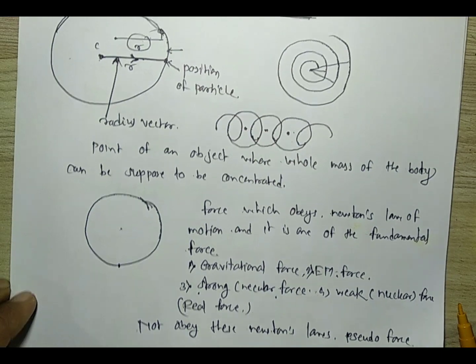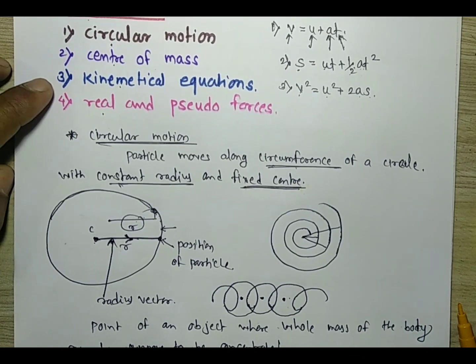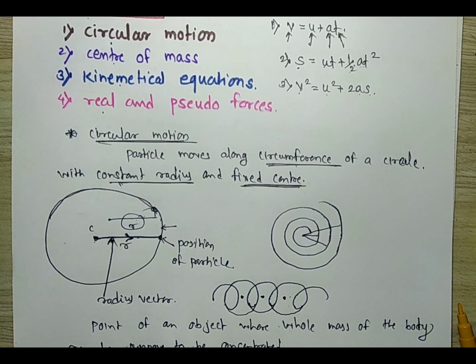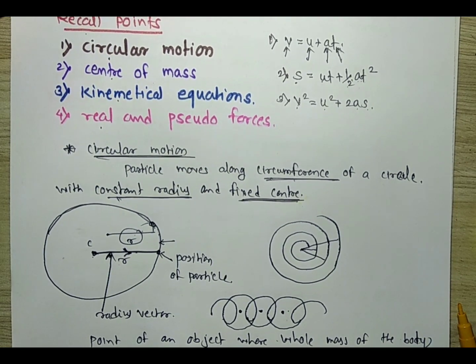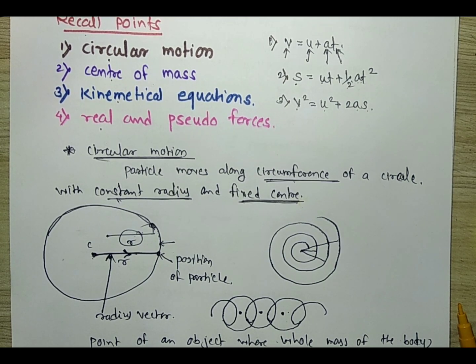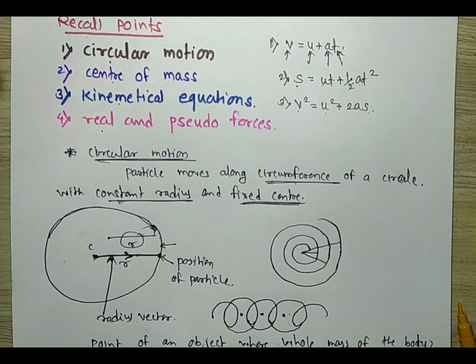And then the last recall point is related to the kinematical equations, and there are three here. v = u + at, where v is the final velocity, u is the initial velocity, a is the acceleration, and t is the time. After that, s = ut + 1/2 at², where s is the displacement, u is the initial velocity, t is the time, a is the acceleration.